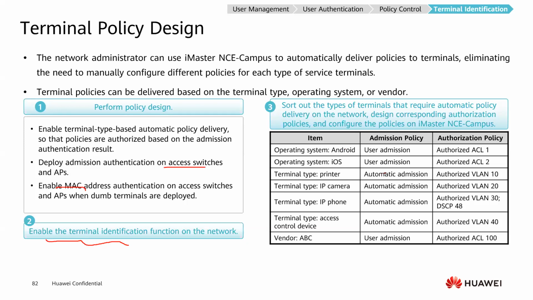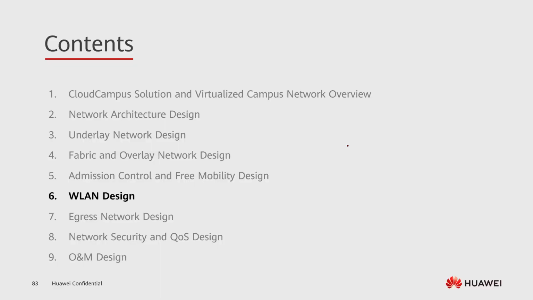For different types, you need to configure different traffic policies on the controller, and the controller will deliver these configurations to the devices. So after you enable the identification method, you need to configure the policy for different terminals. After the controller identifies the different terminal types, it will deliver the policy to devices to do the traffic control.